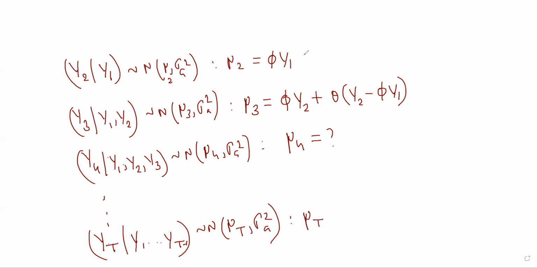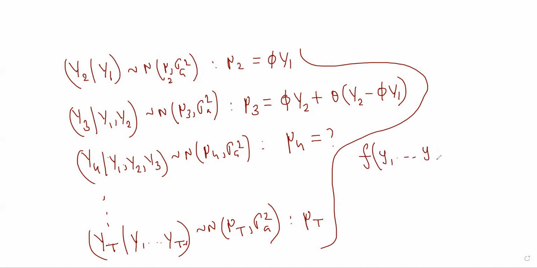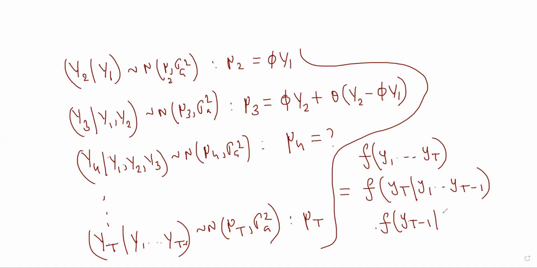Yes, yes, yes. Okay. Now that you know this, if you can find all of these, now you have the usual drill, which is just you have this y1 to yT. This is y1 to yT minus 1, then you have yT minus 1 given yT minus 2, and so on.